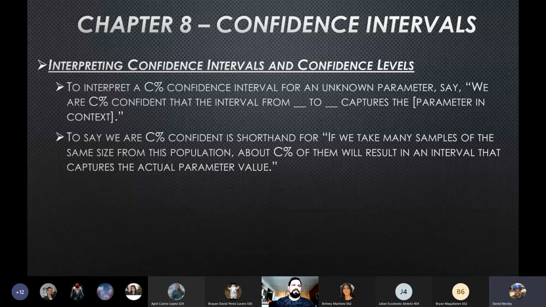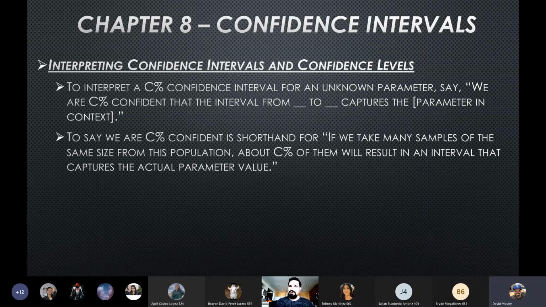Right? To say we are C% confident is shorthand for: if we take many samples of the same size from this population, about C% of them will result in an interval that captures the actual parameter value. These two things are answering two different questions.